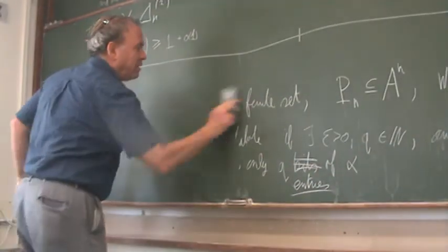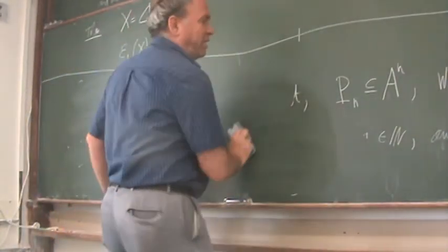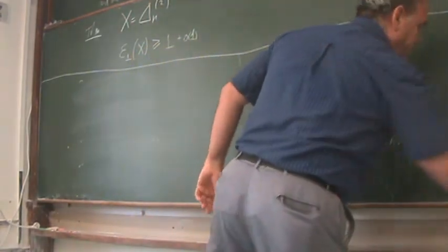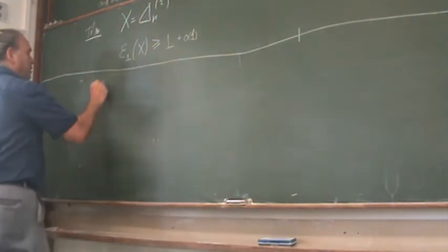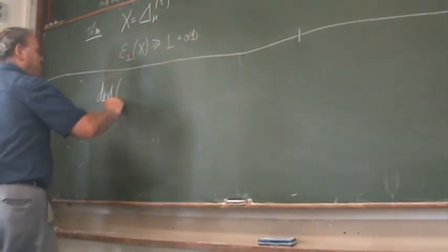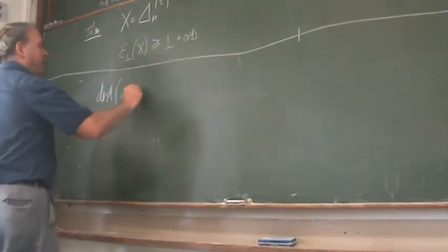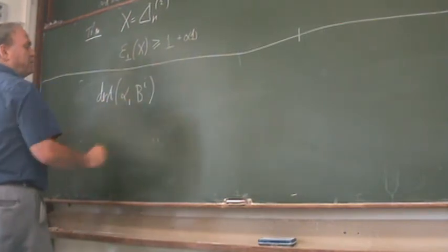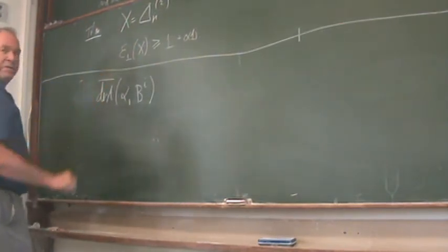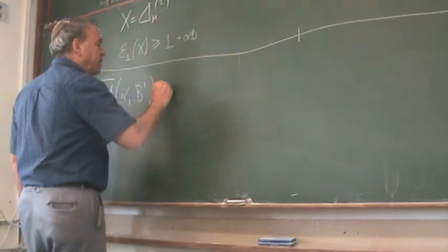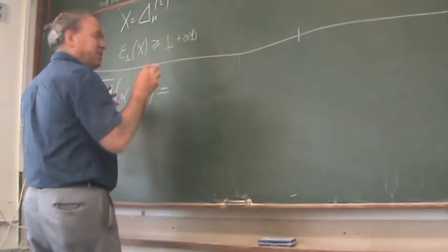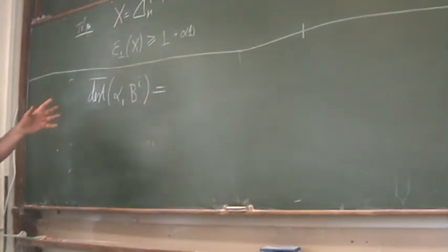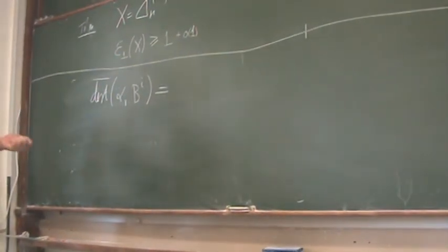Remember that the normalized distance is simply exactly the distance between alpha and BI. Well, we can take the weights, but let's assume that all the weights are the same.